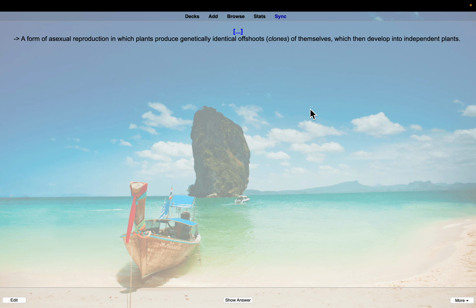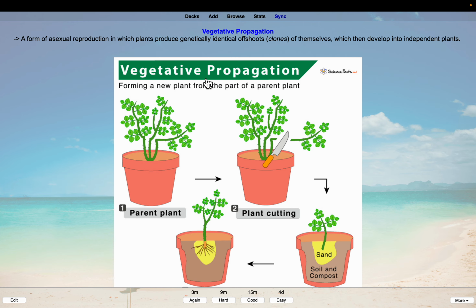Okay. Blank is a form of asexual reproduction in which plants produce genetically identical offshoots of themselves, which then develop into independent plants. I don't know. Vegetative propagation.